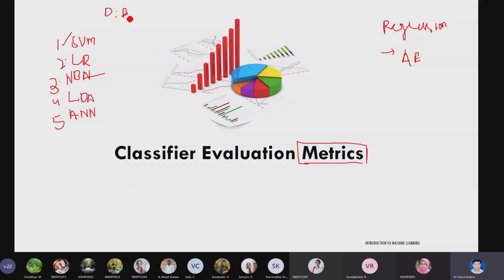Suppose you have some particular problem, you have a data set D, which is the cancer data set for patients. In that, some patients are suffering from cancer and some of them are not.